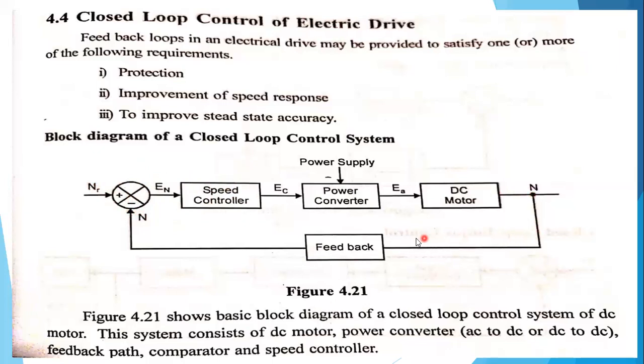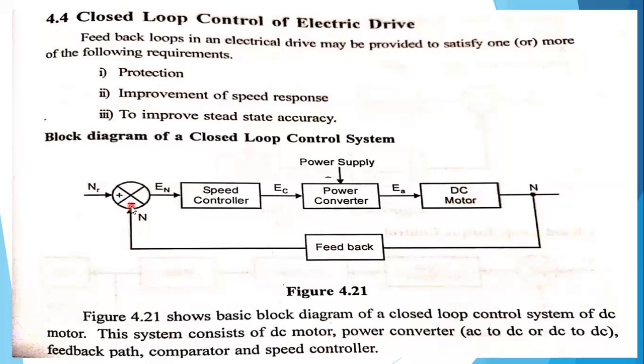So by using feedback methods, what is the tachometer generator? You know well, the tachometer is called a speed sensor. By using the speed sensor, you measure the speed of the DC motor, and that is given to the comparator.